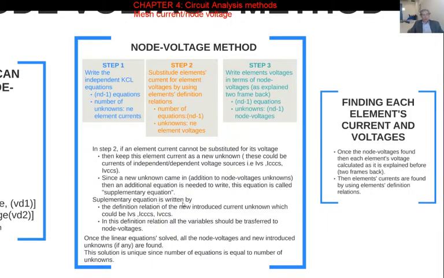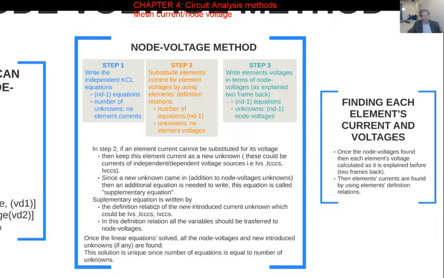How are we going to write this supplementary equation? We use the definition relation of the newly introduced current unknown, which could be any of these three elements, dependent and independent current sources. In this definition relation, all the variables should be transferred to the node voltages. So this new variable became a new unknown, and for this unknown, we are going to write an additional equation.